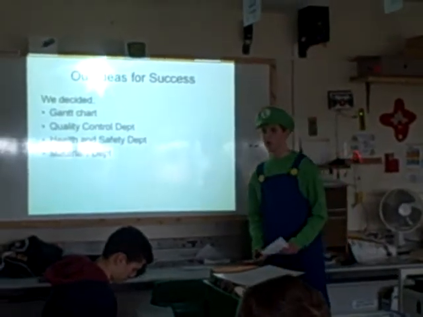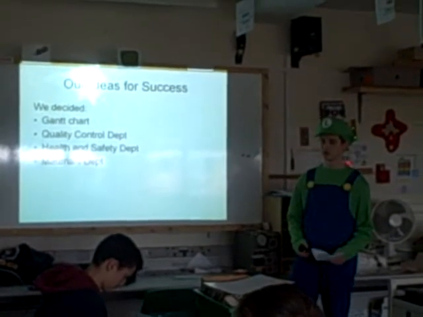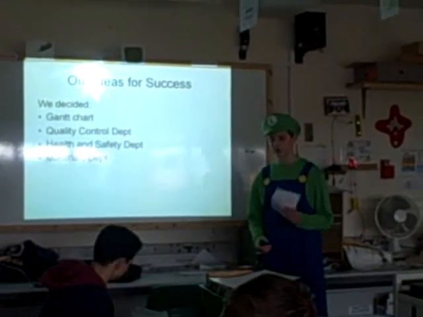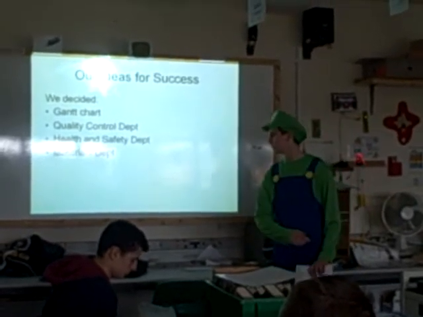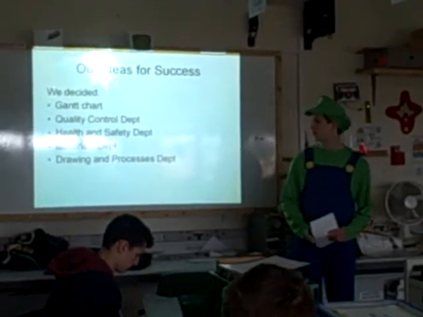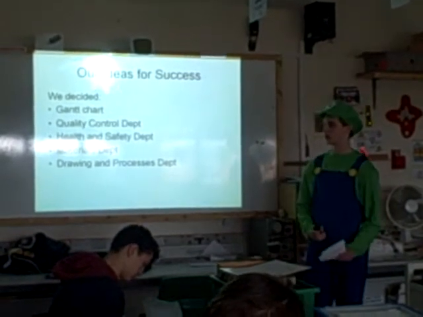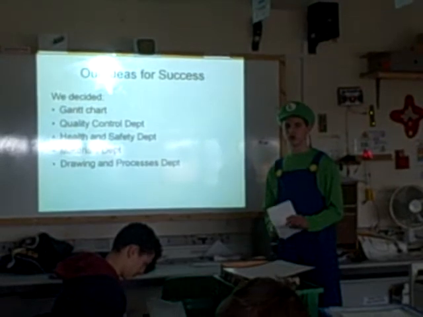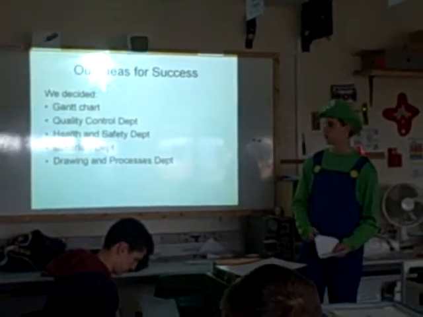A materials department that would check we had the right materials, make sure we were using the correct materials. And a drawings and processes department who would create the drawings, create the designs, and make sure that we could easily create our components and know how we had to create them.